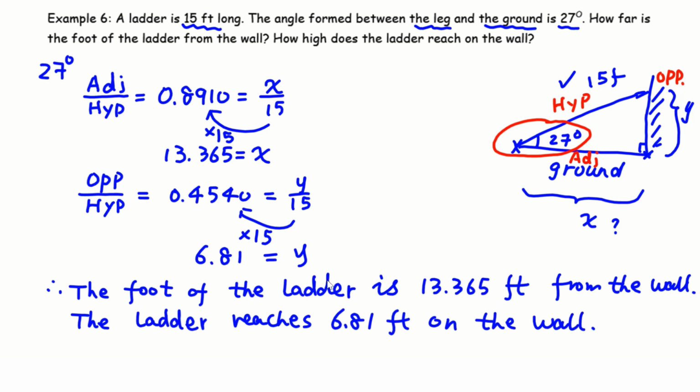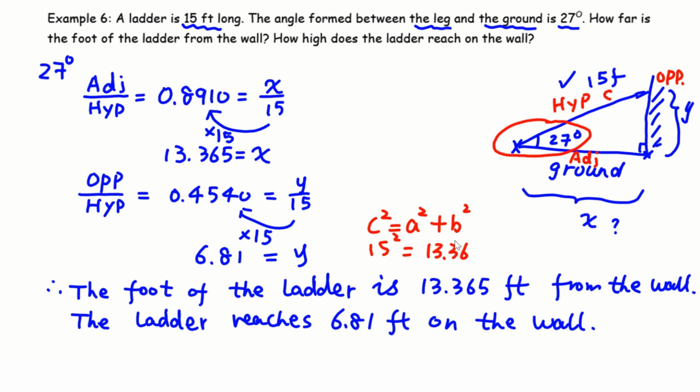And for the second height, you also could use c squared equals a squared plus b squared to solve it. So c is your hypotenuse, 15, and a is one side of the right angle triangle, then plus y squared. Then you can go from there.